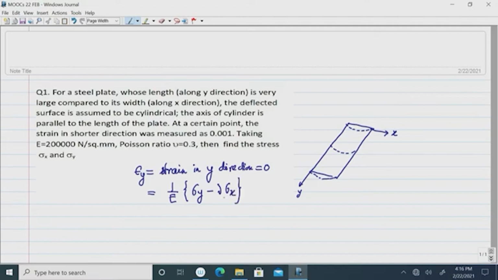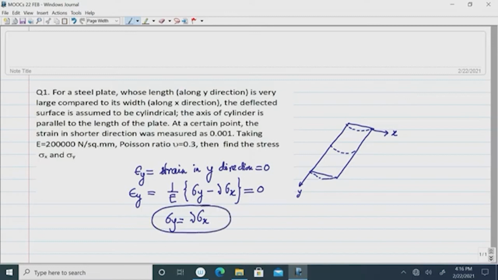In this equation, sigma y is the normal stress along the y direction, sigma x is the stress along the x direction, and mu is the Poisson ratio. Because of this condition, this is equal to 0. So, we get sigma y equal to mu into sigma x.